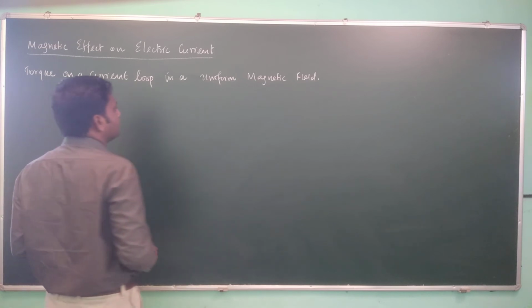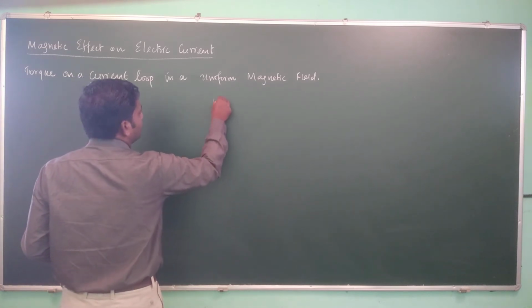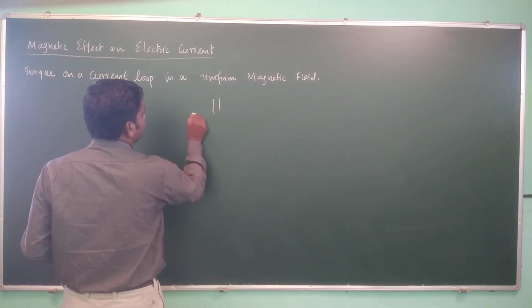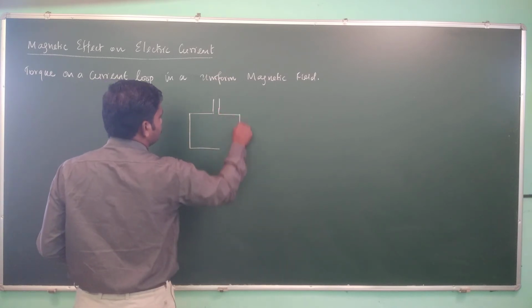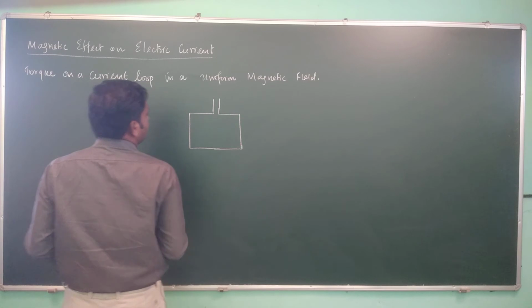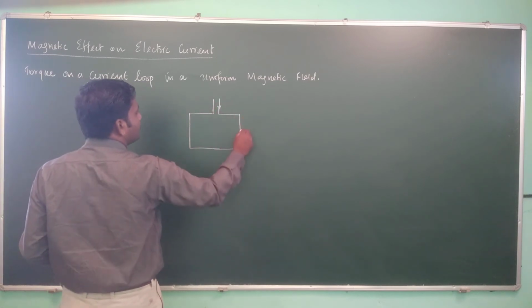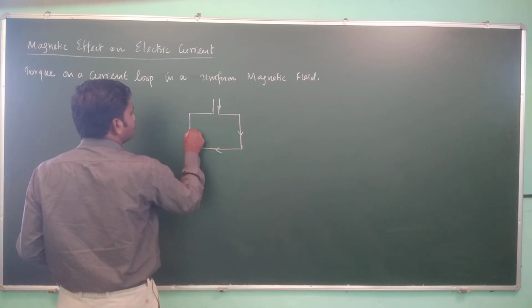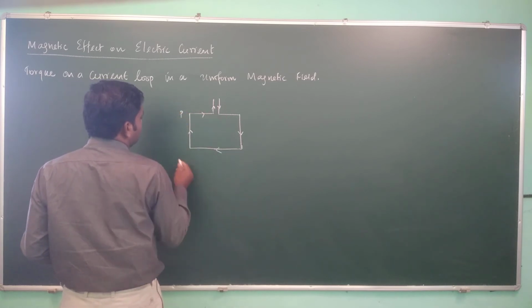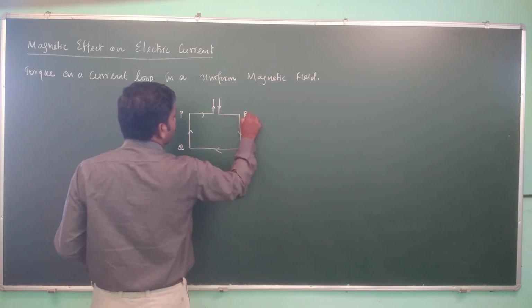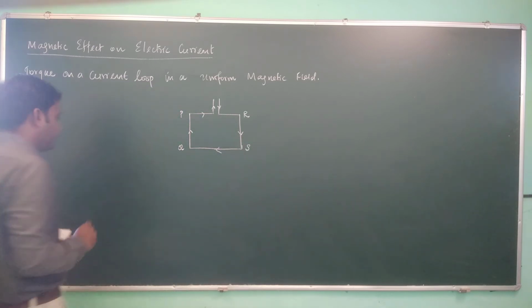Let us consider a current loop, with current flowing in this direction. Let's label the corners P, Q, R, S.